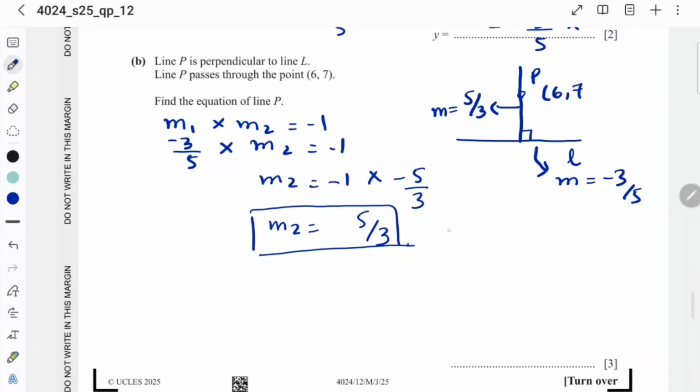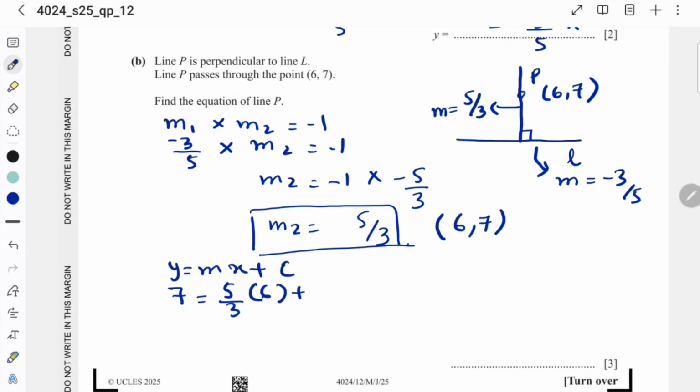So the gradient is 5 over 3 and line P passes through (6, 7), so we'll use this coordinate. y equals mx plus c. 7 equals 5 over 3 times 6 plus c.